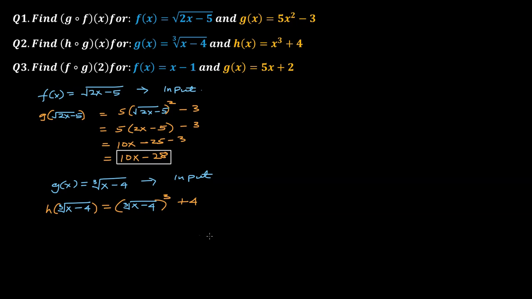Cool. So the next step is we solve the right hand side. Any cube root cubed cancels out, so we have x minus 4 plus 4. Therefore our answer is x. So this is our solution for the second equation.